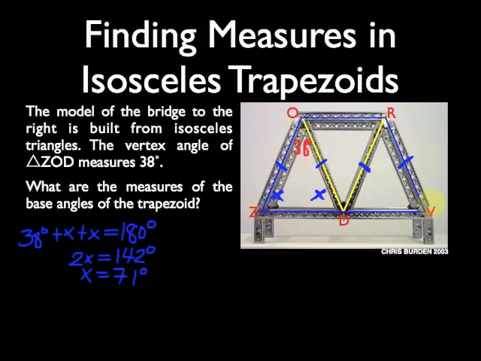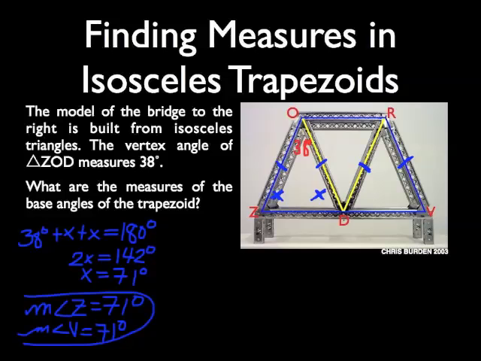And since we just found x, which happens to be the measure of angle Z, we also found the measure of angle V here, because in an isosceles trapezoid, the base angle pairs are congruent. So the measure of angle V is also 71 degrees.